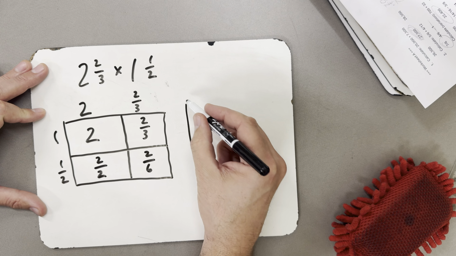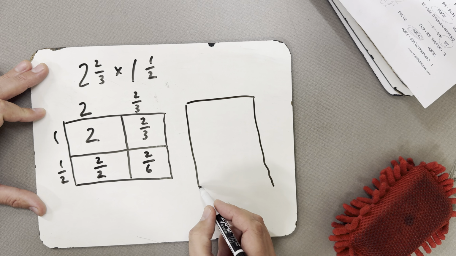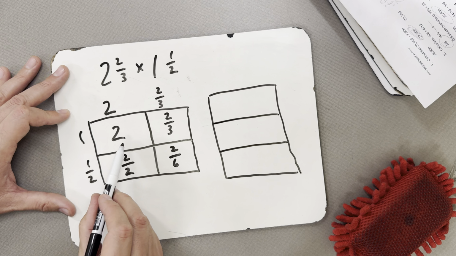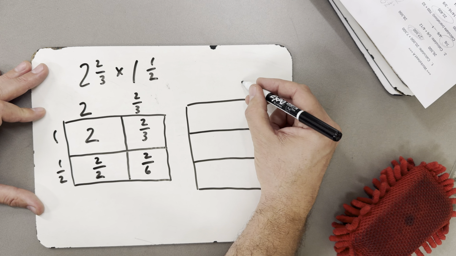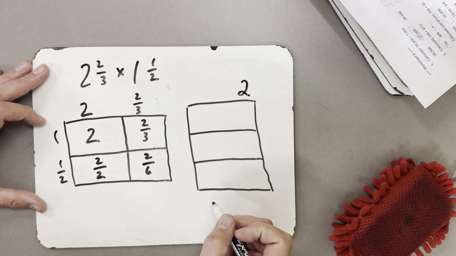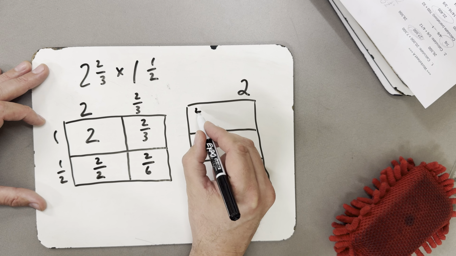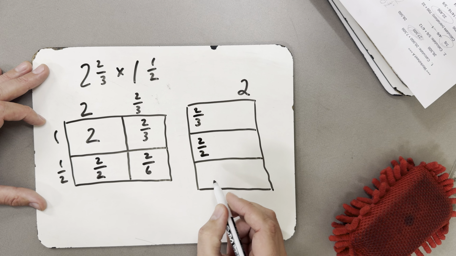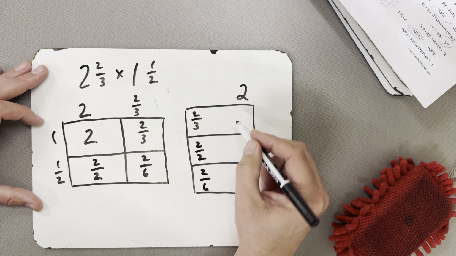So now I've got everything in here that I need, but I have to add all these up. So this is where I go to my magic box, or whatever method you like, as long as it works every time. I'm going to put my 2 whole numbers up at the top so I don't forget. So then I'm going to say 2/3 plus 2/2 plus 2/6.